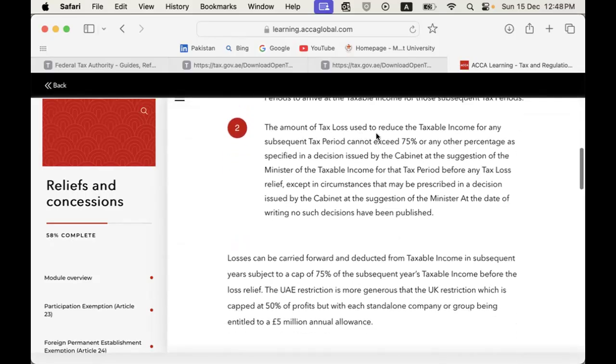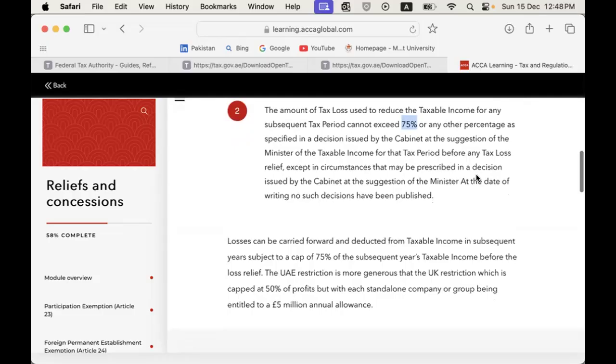The amount of tax loss used to reduce the taxable income for any subsequent tax period cannot exceed 75%, or any other percentage specified in a decision issued by the cabinet at the suggestion of the minister, of the taxable income for the tax period. Now, is this 75% of the tax loss or 75% of the taxable income? Taxable income. Correct. Taxable income for that tax period before any tax loss relief, except in circumstances that may be prescribed in a decision.